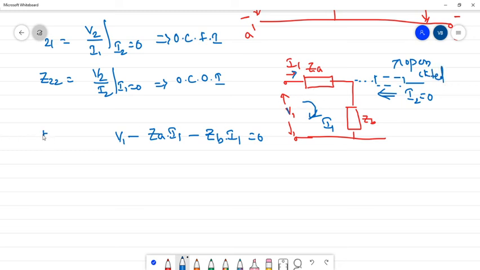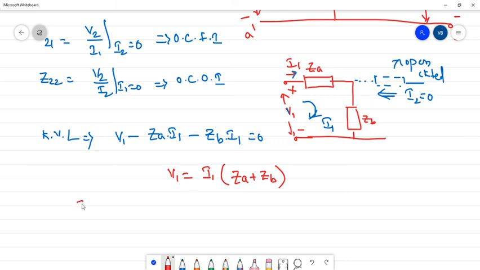We are applying KVL in this loop. Current is entering at the positive side of the source, so I take V1 as positive. The remaining passive elements we take as negative: minus ZA into I1, the current passing through the resistance ZA, minus ZB into I1. So you simplify this. V1 is equal to, when we move that to the other side, I1 positive, so both terms become positive. Take I1 common, that is I1 times ZA plus ZB.